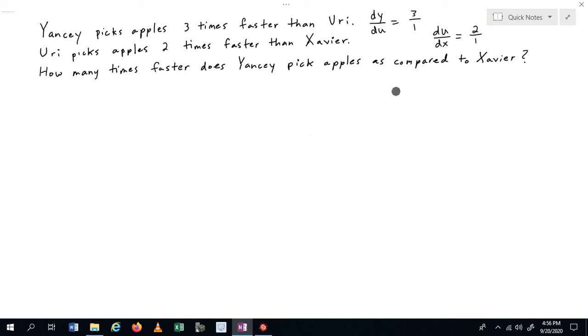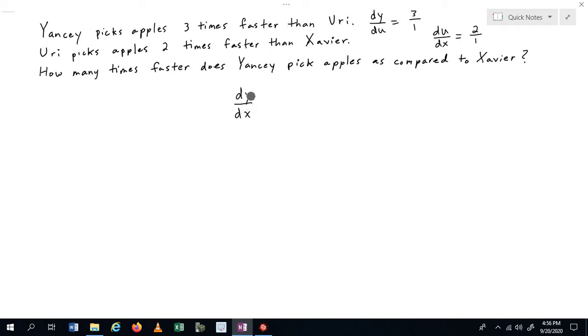Now the question is, what's the rate of change in the number of apples that Yancey picks as compared to Xavier? And so if you write that in terms of a derivative, it would be dy over dx, the rate of change in y as compared to x.